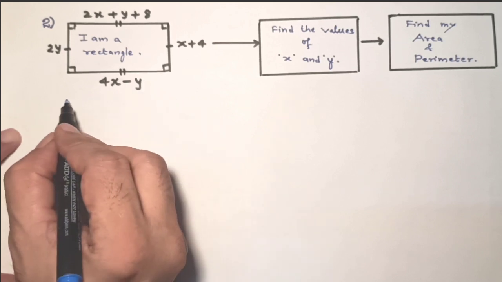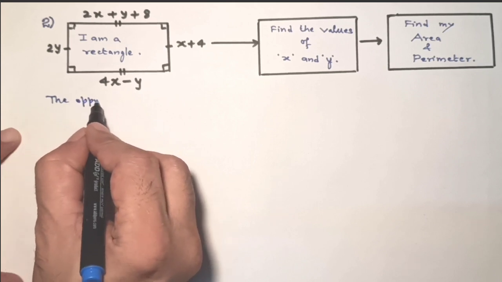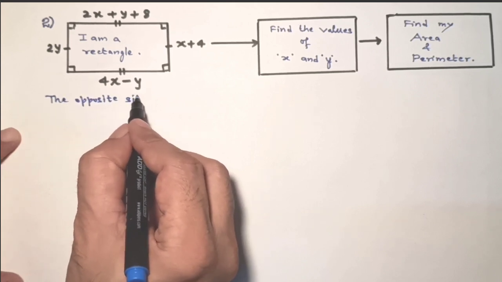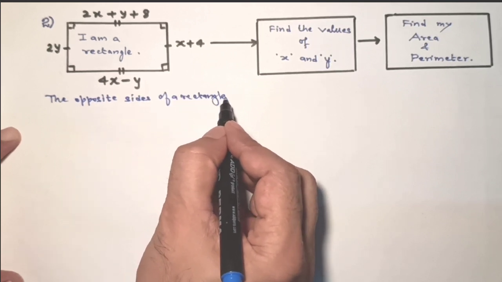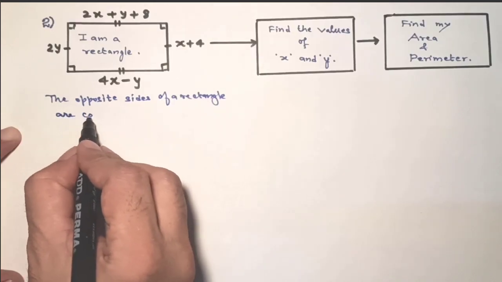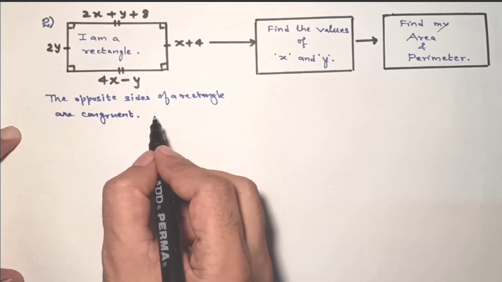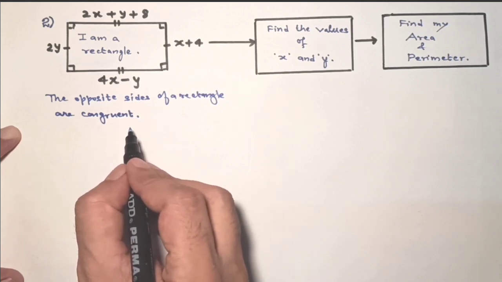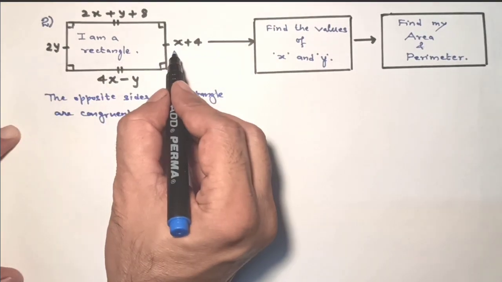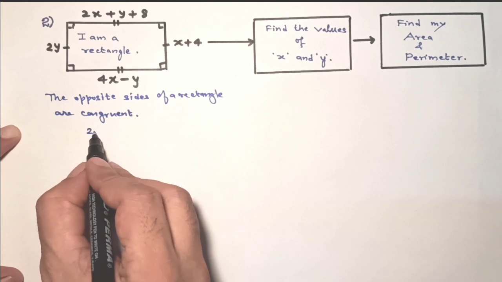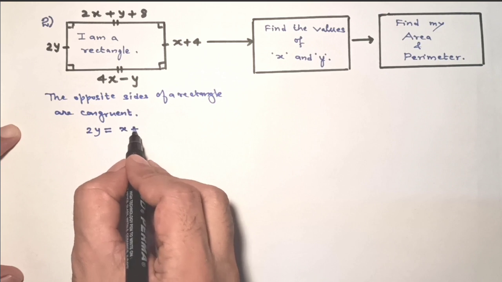We'll solve this problem. So I'll write here, the opposite sides of a rectangle are congruent. It is a property. Therefore you take these opposite sides, you will write 2y is equal to x plus 4.